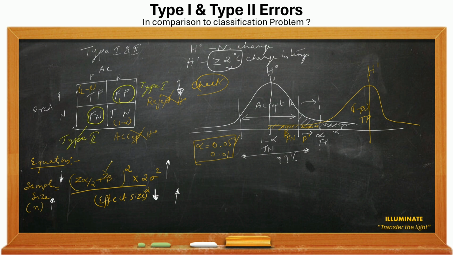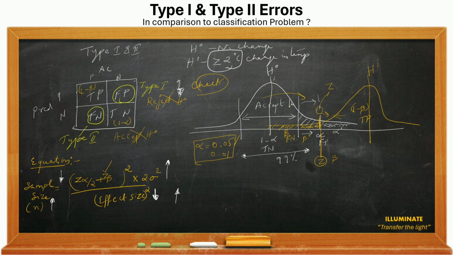So now, as you understand here, the beta is on the left hand side. So the value for beta, that means this Z score, is taken from the left side area, this part. So this part is the Z score we are taking for beta.